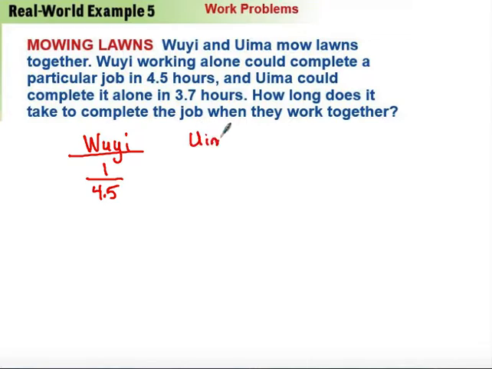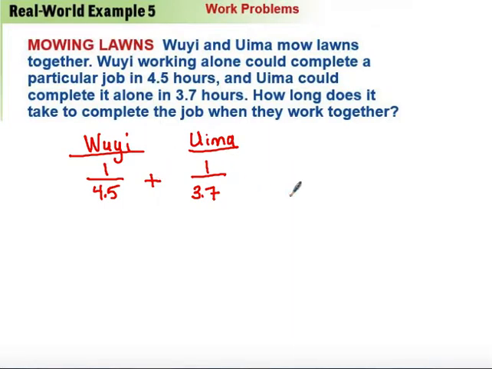My second person is the same job for 3.7. Now, what we want to do is figure out the time they could do it if they work together. So I'm going to add them together, working together. So it's still one job, but I'm missing the rate at which they can do it together.